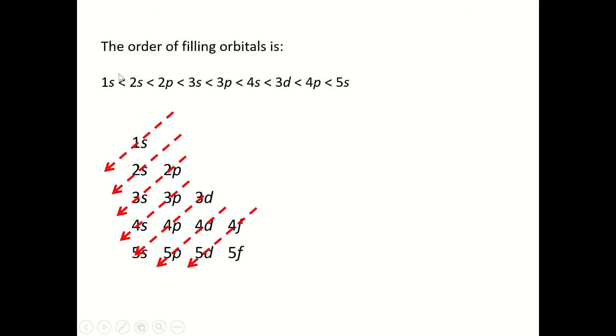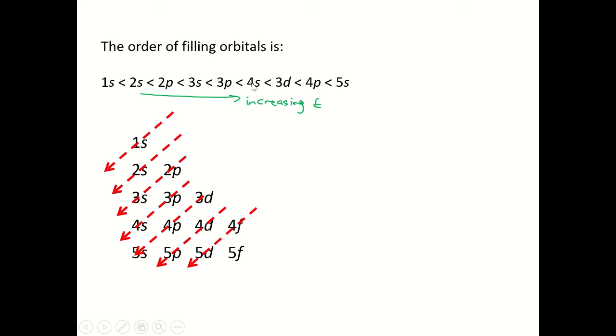If you have to arrange the orbitals or the subshells in order of increasing energy, you must start with the lowest energy subshell first. So that means 1s has the lowest energy, followed by 2s, followed by 2p, 3s, 3p, 4s, and so on.